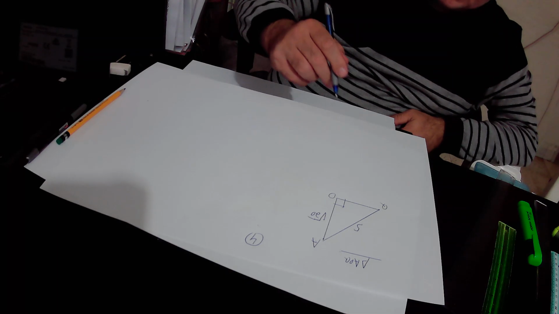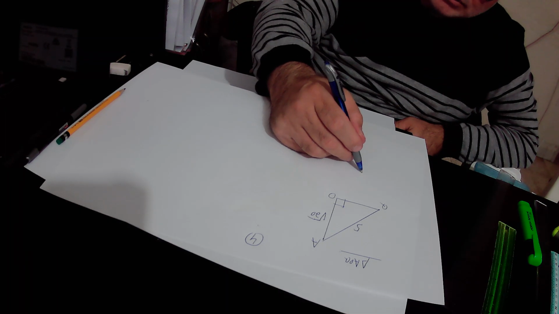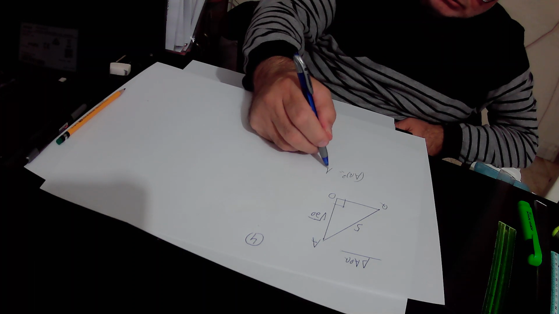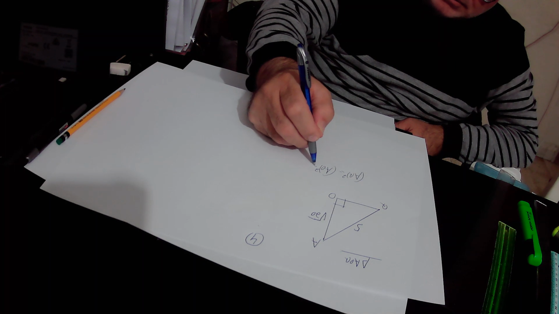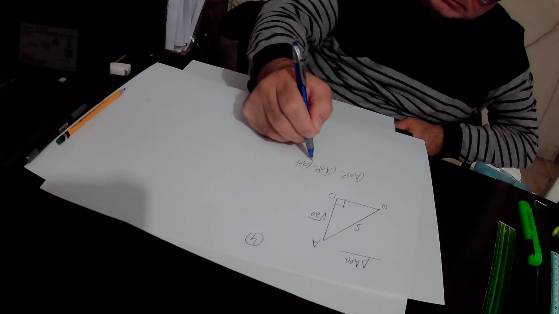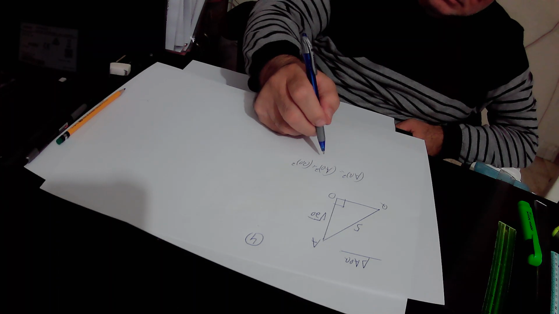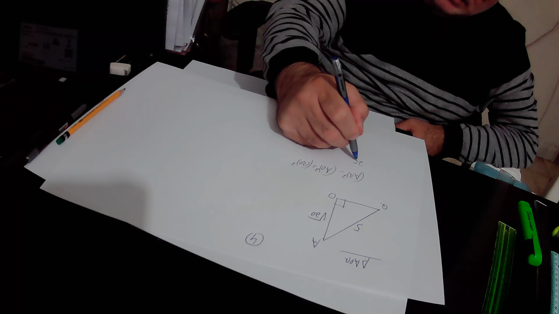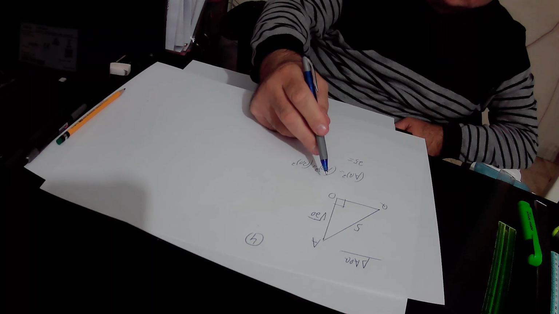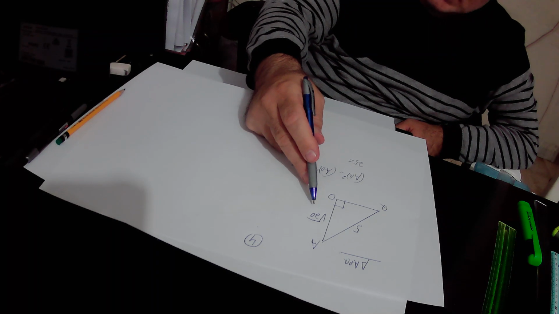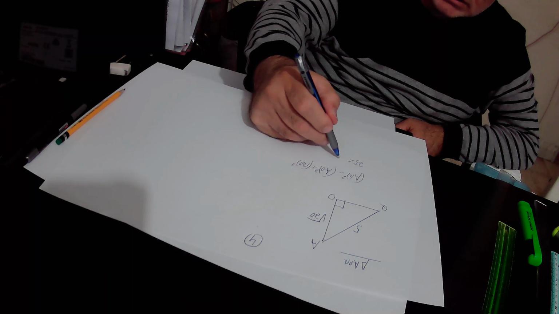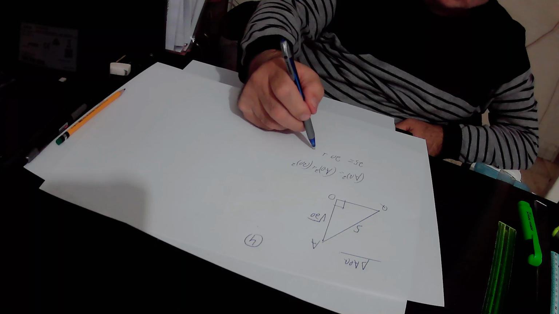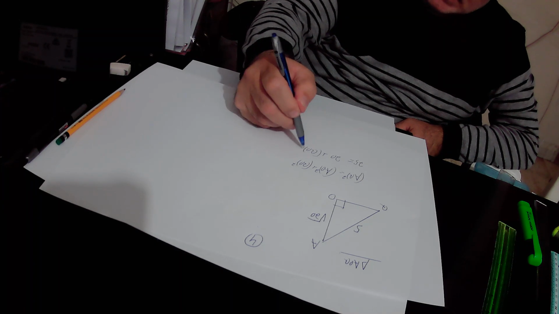So we apply here the Pythagoras theorem. According to the Pythagoras theorem, AQ square equals AO square plus QO square. AQ is 5, therefore AQ squared is 5 squared, that is 25, and it is equal to AO squared. AO is the square root of 20, therefore AO squared is 20, plus QO squared, that is unknown.